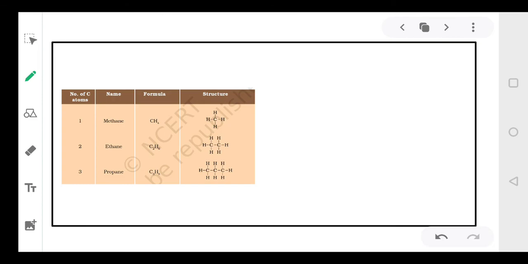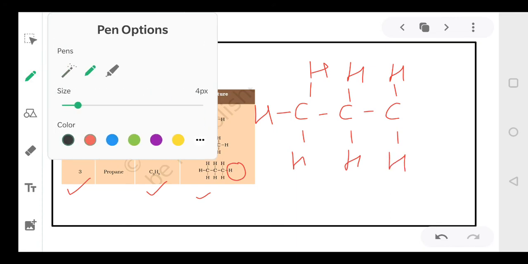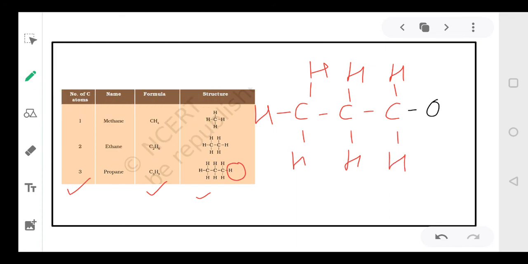Let's take the third one, propane. The formula is C3H8. Again, replace one H with OH. We write everything the same, only that H has to be replaced with OH. So this is your OH.